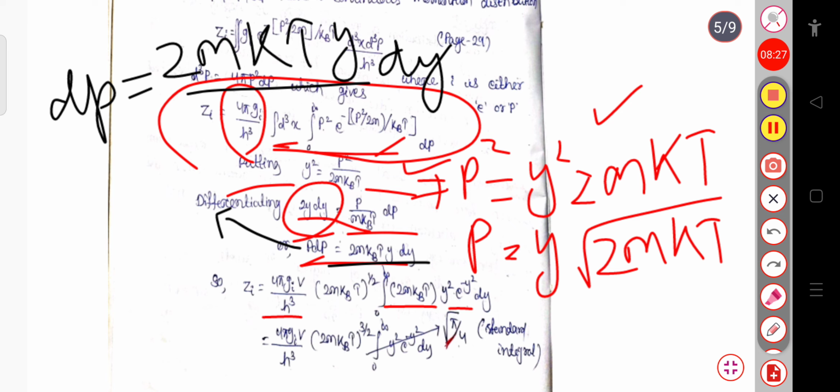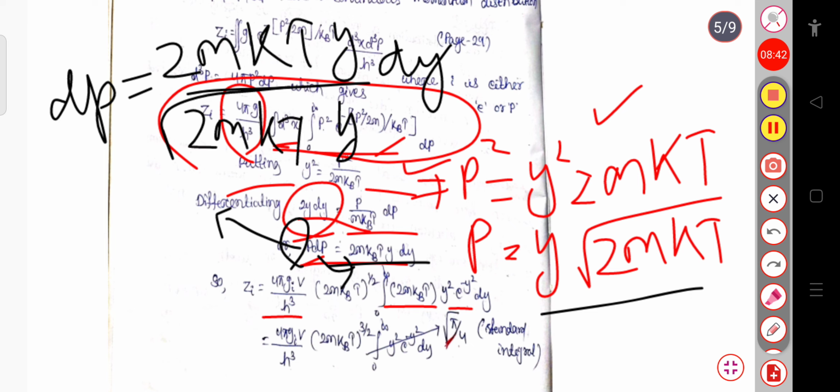In place of p, I substitute y into the square root of 2m kT. They get cancelled, so the remaining term is the square root of 2m kT into dy.